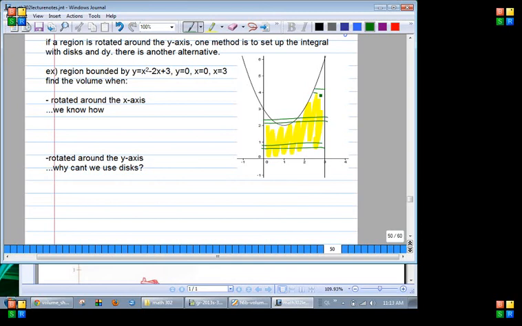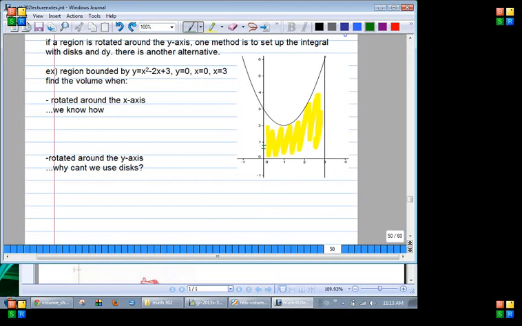Also, if you wanted to set this up dy, you would need to solve for y as your variable, so you need to solve for y from that function. Also not fun. So long story short, trying to do this dy with y as your variable is going to be a mess.